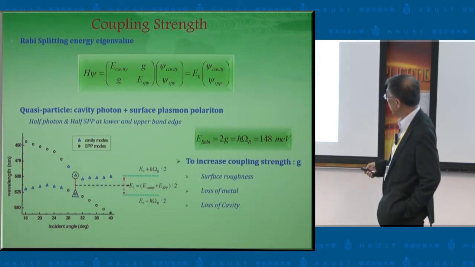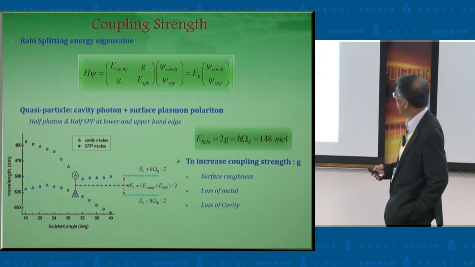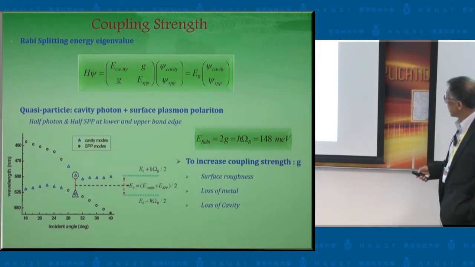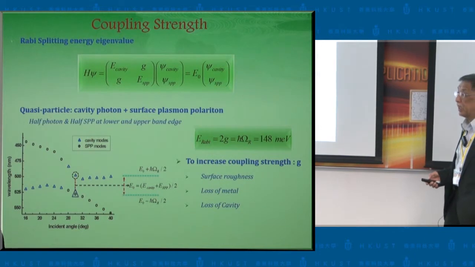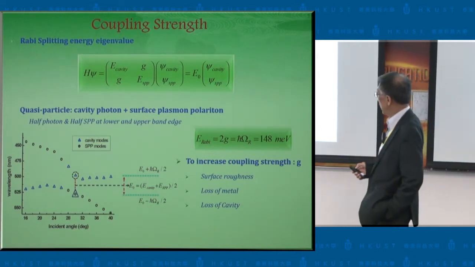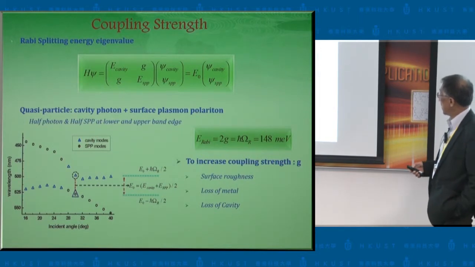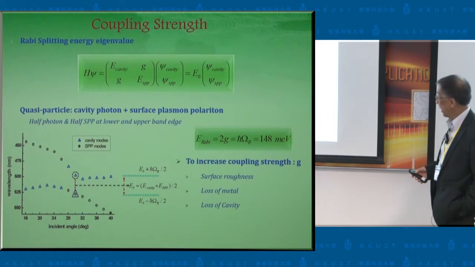Here you have the plus and minus of the shift in the energy, and if you calculate it and turn it into energy, it is 148 meV, which is in the same order as those that have been reported before. Now, the coupling strength itself can be affected by several factors.